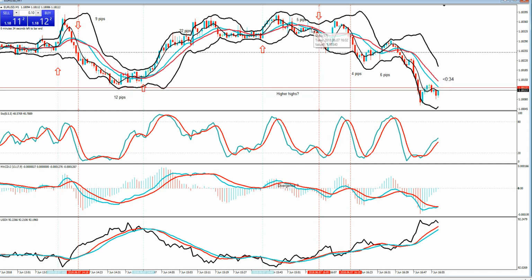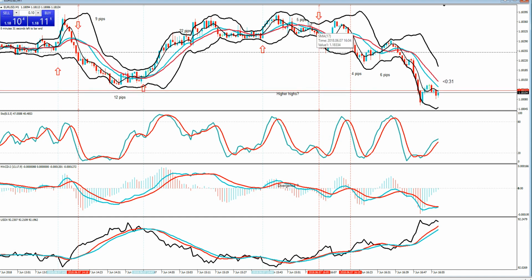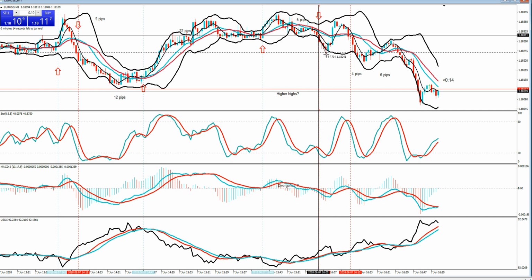We have some price action moving down underneath the moving average here. We can see the Bollinger Bands are moving in a downward direction. Again, we have the red over blue, the US dollar index moving in an upward direction now with the trigger line above showing the red over the blue. So we could look to take this trade to the downward side, and again it's come down. There are 7 pips there.